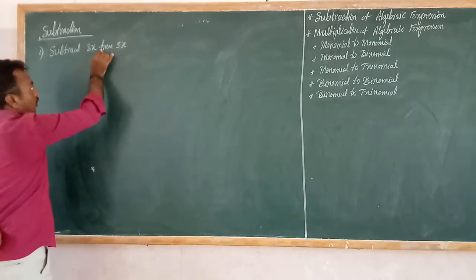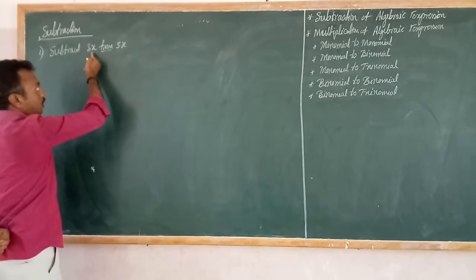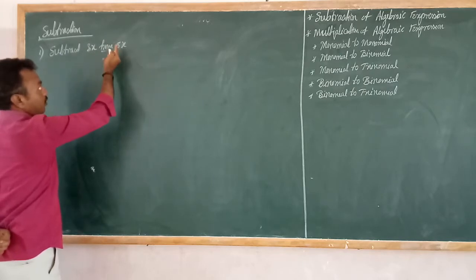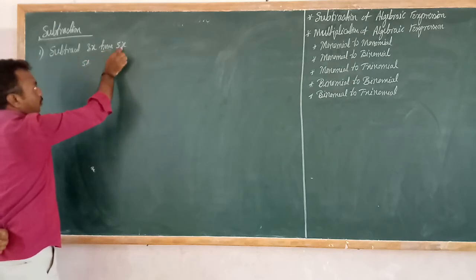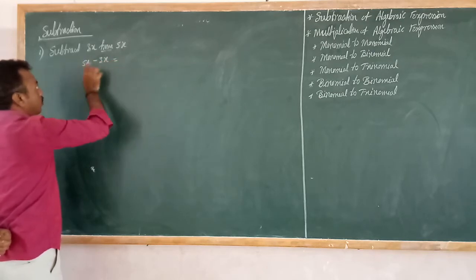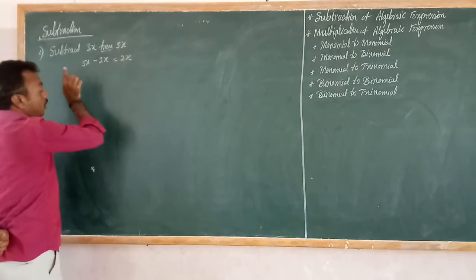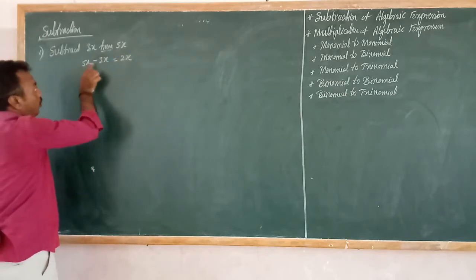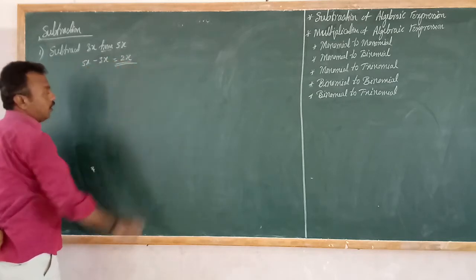See students, if it is said like this, 5x is indicated first, and this 3x we have to subtract from this 5x. So we write 5x first, then minus 3x. So 5x minus 3x is equal to 2x. Finally we subtract the numerical coefficients: 5 minus 3 is equal to 2, and x as it is. 2x is the answer.